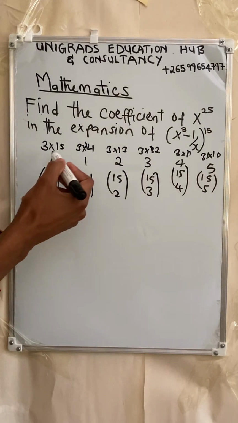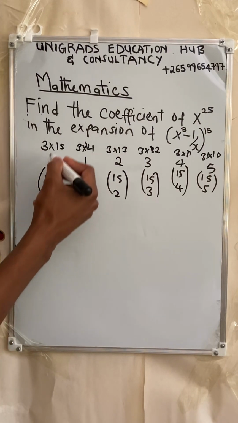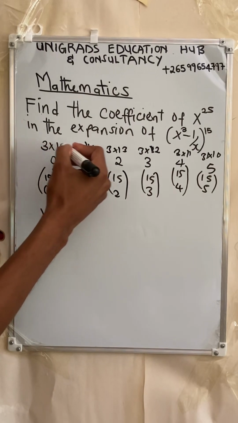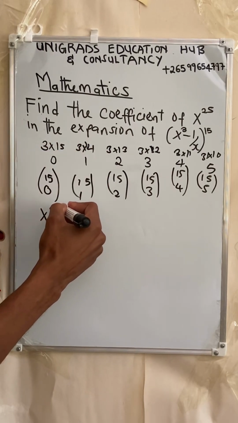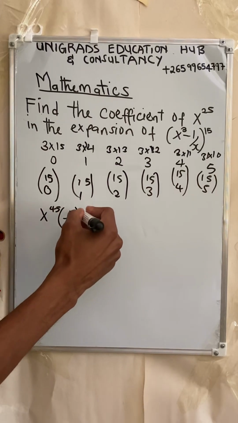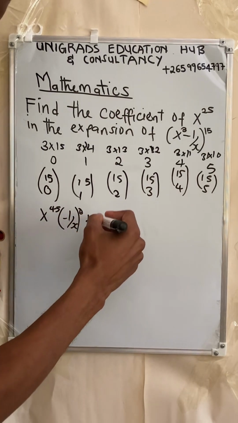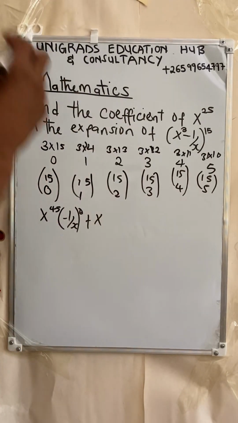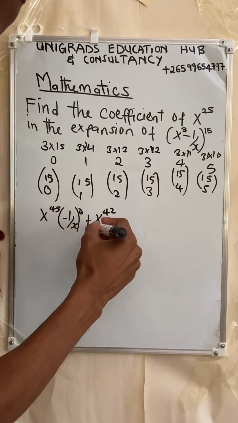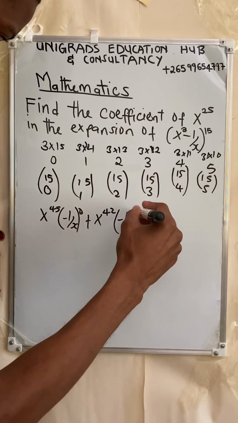Our expectation is that in this term we have this as a coefficient, but the power will be x to the power 3 times 15, which is 45, multiplied by minus 1 over x to the power 0, plus x to the power 3 times 14, which is 42, multiplied by minus 1 over x to the power 1.